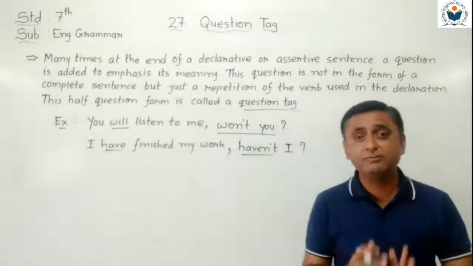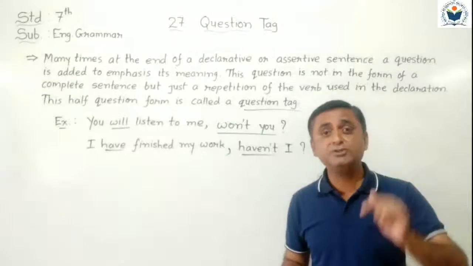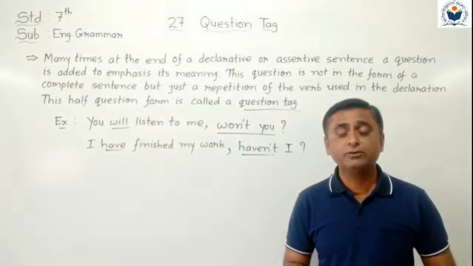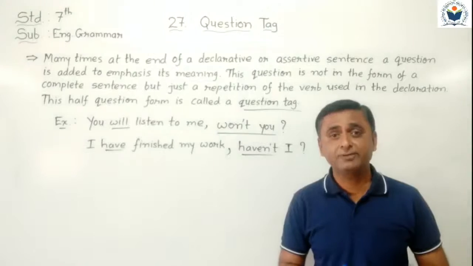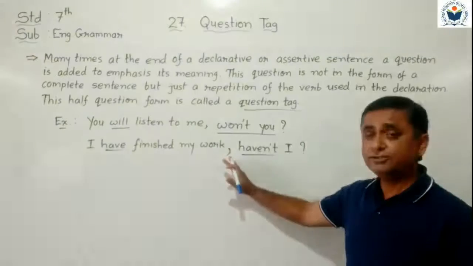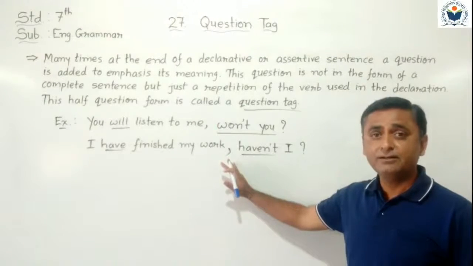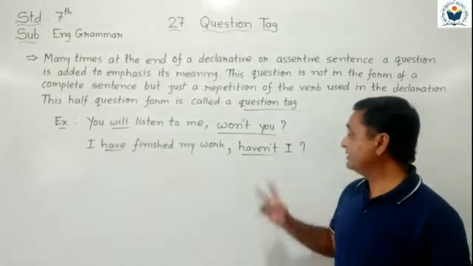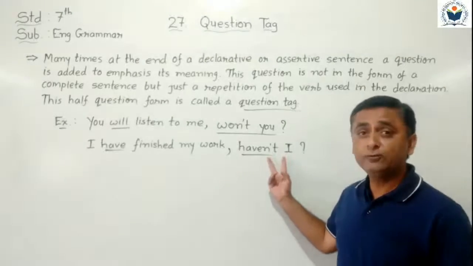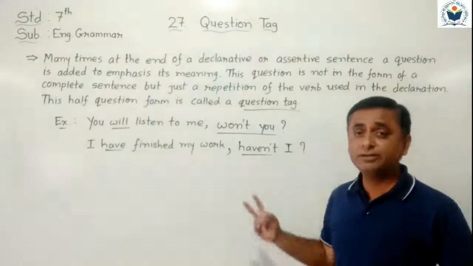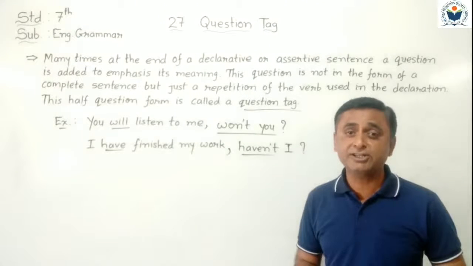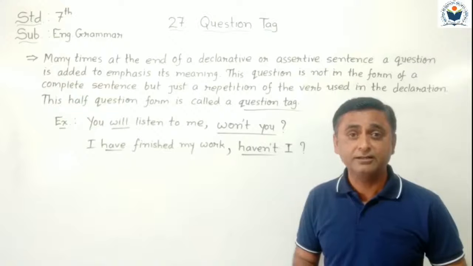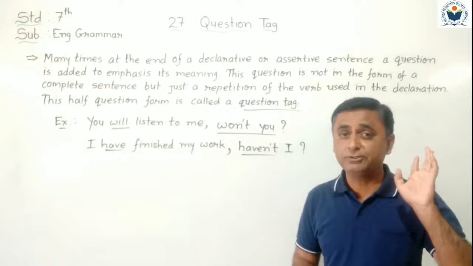I think you remember all the things which I taught you in your 6th and 5th standard. Understand, students? It is a very easy thing, but you have to keep in mind that here there are only 2 words. You can put only 2 words, not more than 2. We have to put compulsorily 2 words.